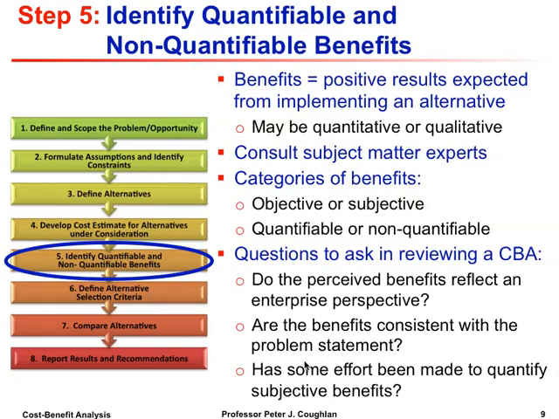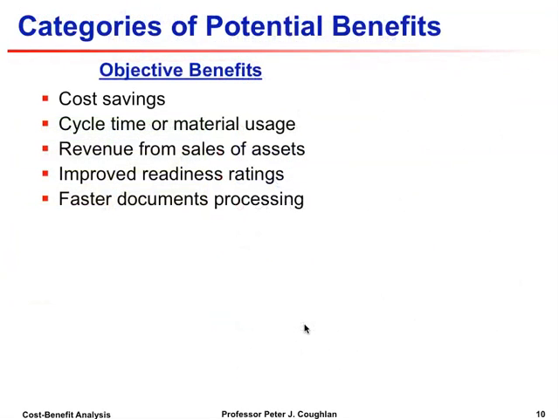And then also, has some effort been made to quantify subjective benefits? It's sometimes very easy to try to give up on quantifying certain benefits, and in many cases they can be quantified to some degree. And so have we at least tried to make that effort?